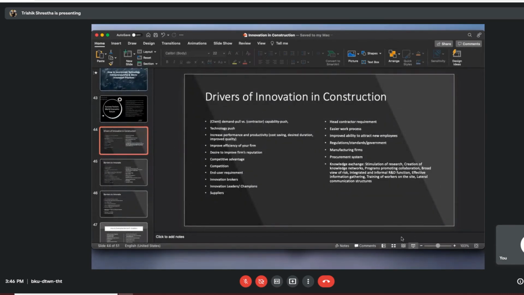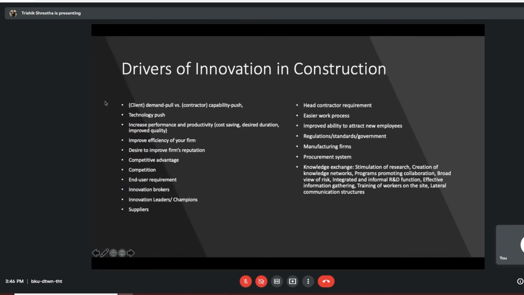The next step towards identifying how we can innovate, how we can incorporate these micro innovation and technology entrepreneurship practices in our offices, in our construction sites, in our methods of operations. These are what push the innovation forward.